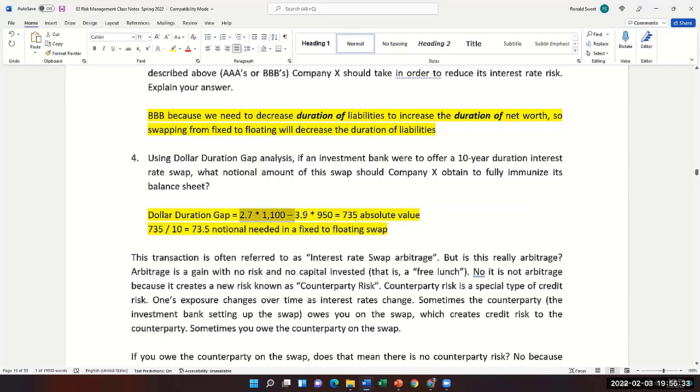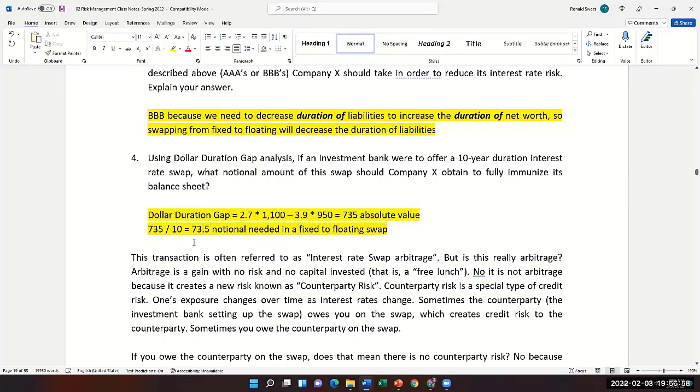If you don't know where I got these numbers, look back up at the problem and you can see it. That gives us a dollar duration gap of 735. We've got a 10-year duration interest rate swap. So we take 735 divided by 10. That gives us 73.5. We're going from fixed to floating.